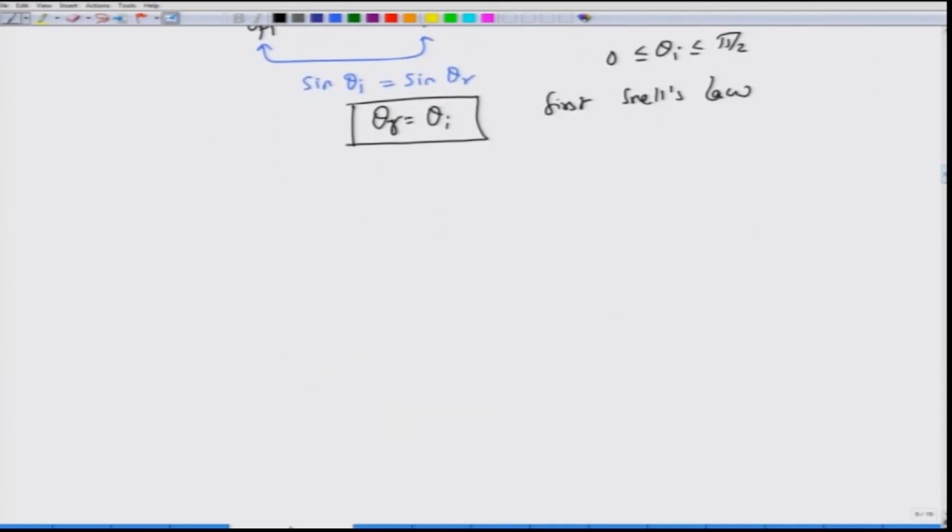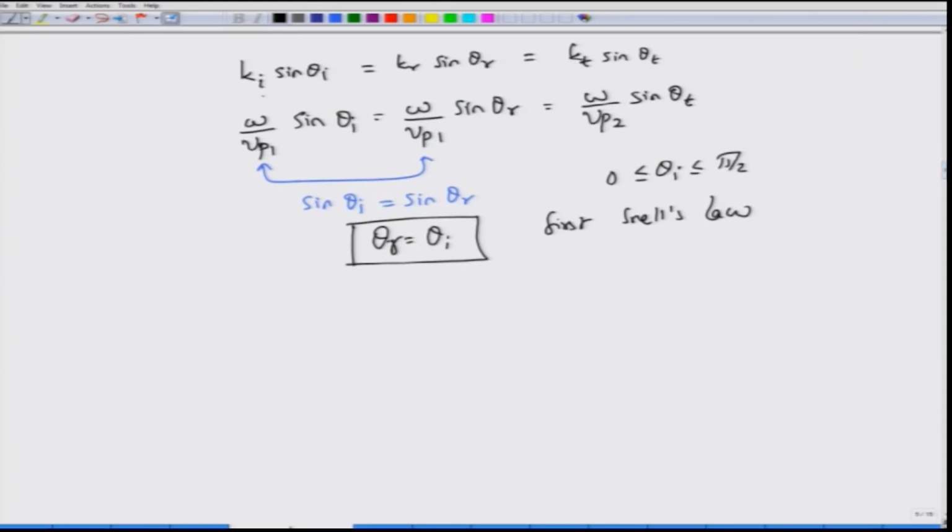To get the second law, you equate the first, ki sin theta i, to the last term, kt sin theta t. So, you get omega by Vp1 sin theta i must be equal to omega by Vp2 sin theta t. Omega cancels on both sides.